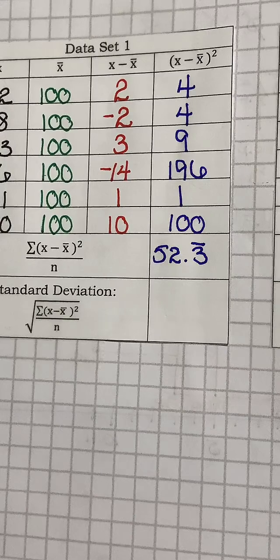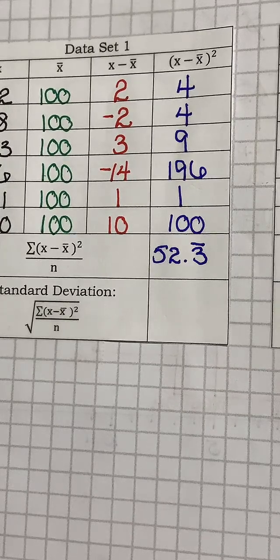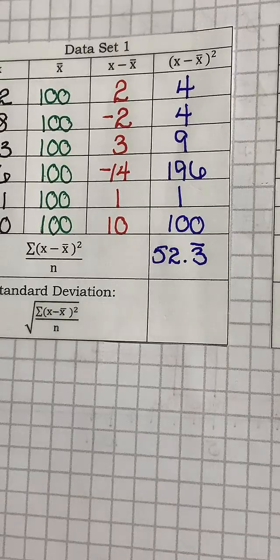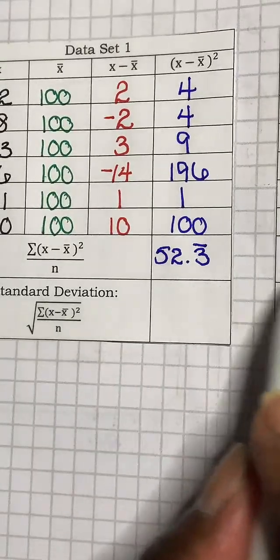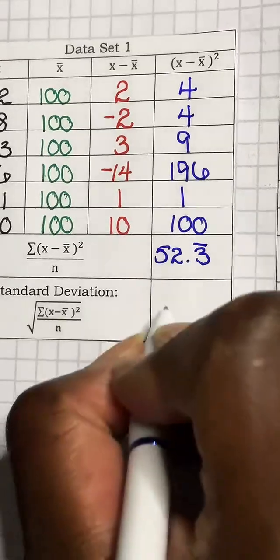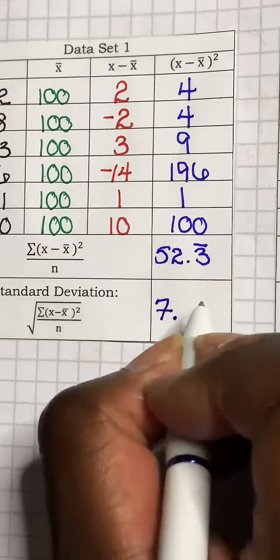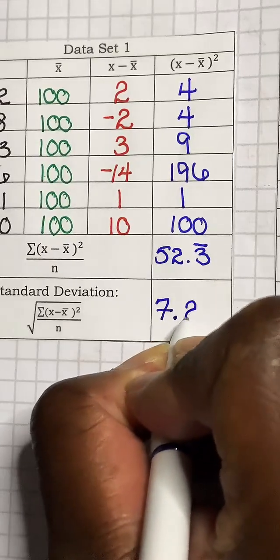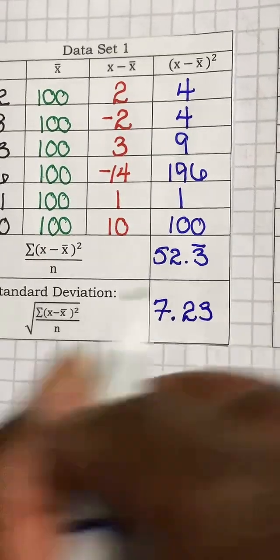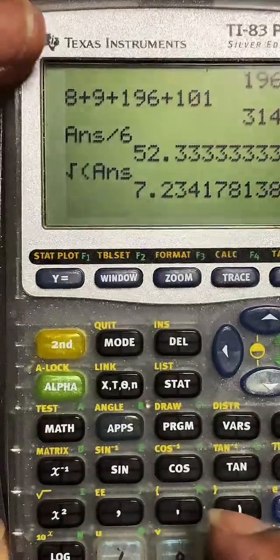So I'm going to take my answer and do the square root of that answer. If I do the square root of my repeating 3's, I get 7 point, and I'm going to go with the 23, because of the next digit.